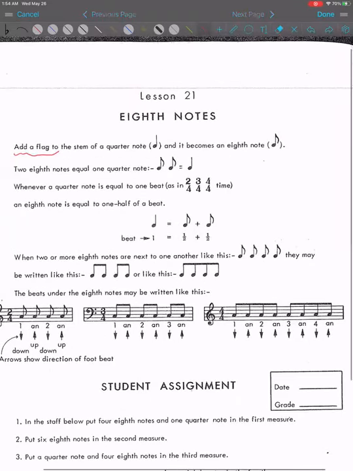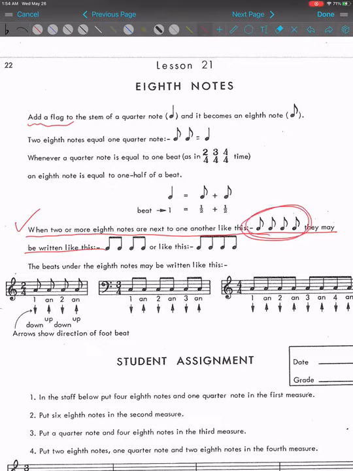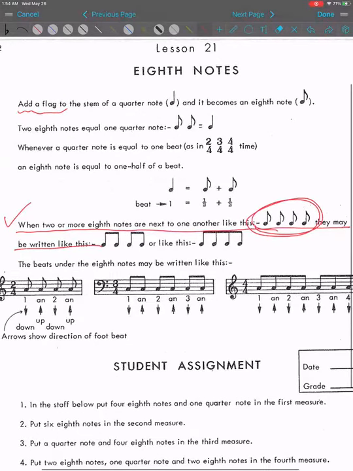For eighth notes, when you have two or more next to each other, you can tie the flags together based on what kind of time signature they have. For example, if you have four of them in a row, you can group them in a group like this.